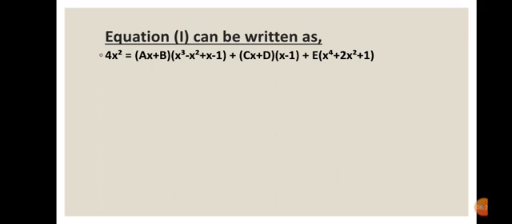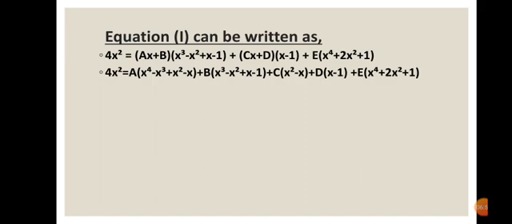It is the product of x square plus 1 and x minus 1. The second term remains the same, and the third one is x raised to power 4 plus 2x square plus 1, as it is the simplification of the formula x square plus 1 whole square.